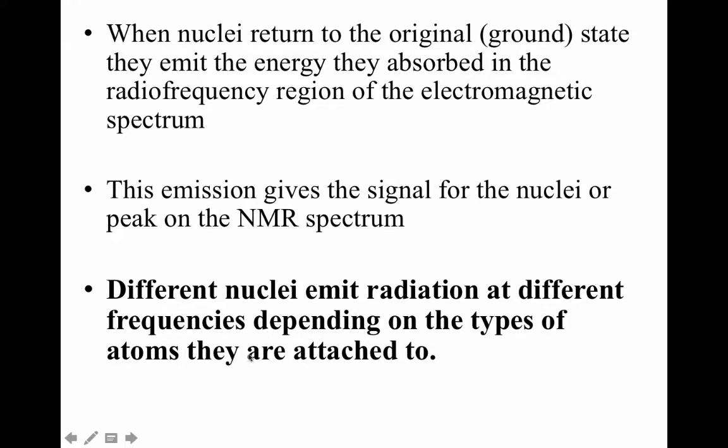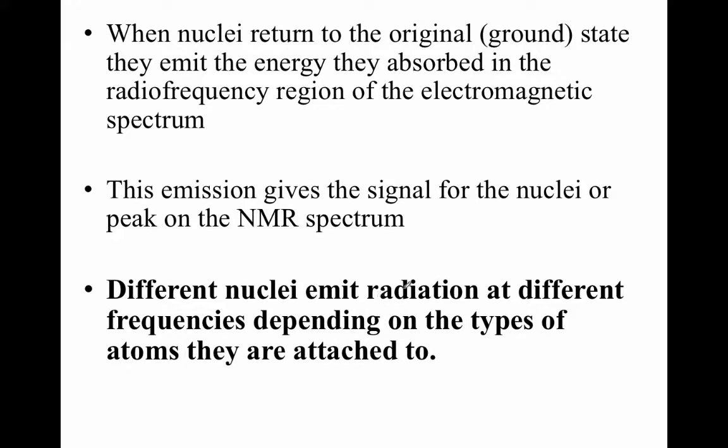When they return to the original random state, they emit the energy that they absorbed in the radio frequency region of the electromagnetic spectrum. This emission gives the signal for the nuclei, or the peak, on the NMR spectrum.